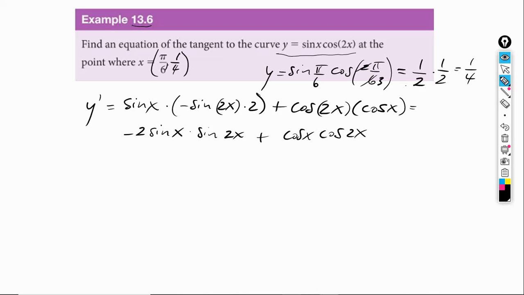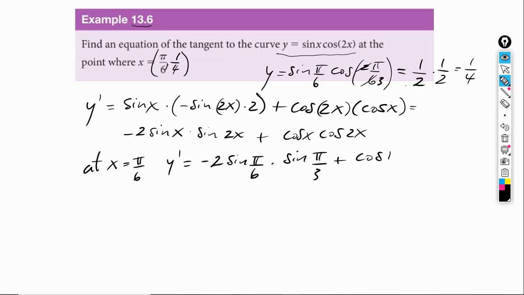So I need to find the slope at x equals pi over 6, right? So at x equals pi over 6, the derivative would then equal minus 2 times sine of pi over 6 times sine of pi thirds, because it's 2 times pi over 6, plus cosine of pi over 6 times cosine of pi thirds, same thing, right? Twice pi over 6.